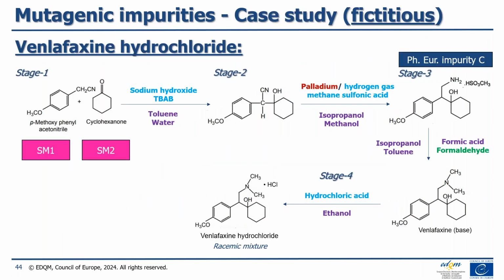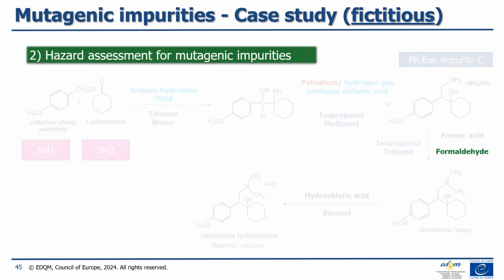So coming back to our example for venlafaxine hydrochloride, we will consider that the active substance assessment for all actual and potential impurities has already been performed. So we will go directly to step 4, which is the hazard assessment to classify those impurities as per ICH M7. So we will consider that the outcome of our hazard assessment has shown a risk for the following impurities.